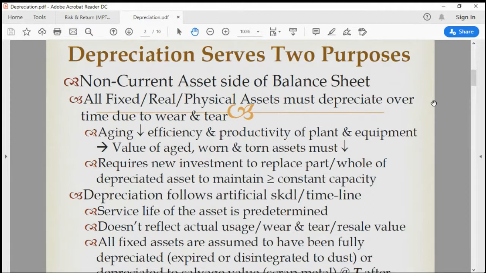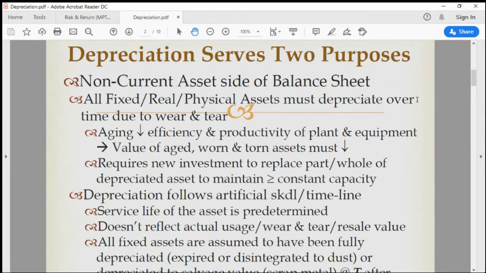But look, this is why it is different. If it is a business asset, you don't want a lot of resale value left on it.